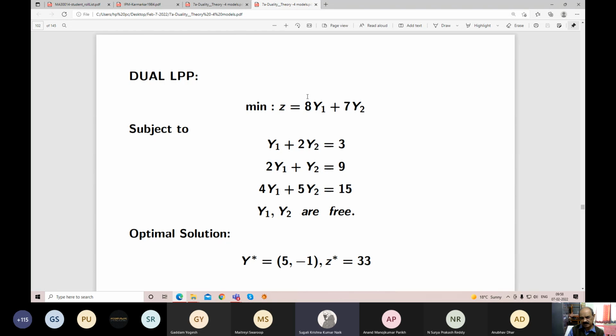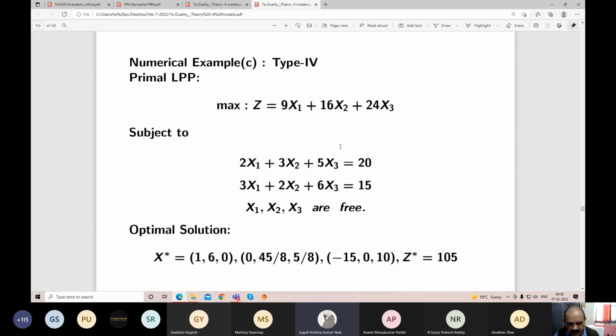So how is it linearly dependent? You multiply 2 with the first equation and 1 with the second equation. 4 plus 1, 5. This is coming 9. Is this all right?